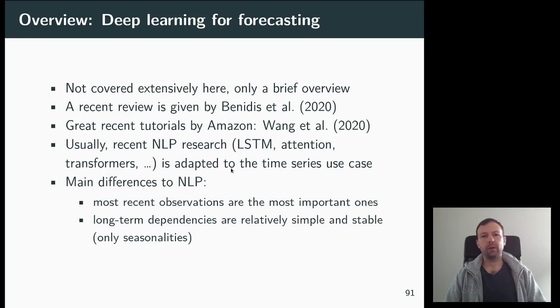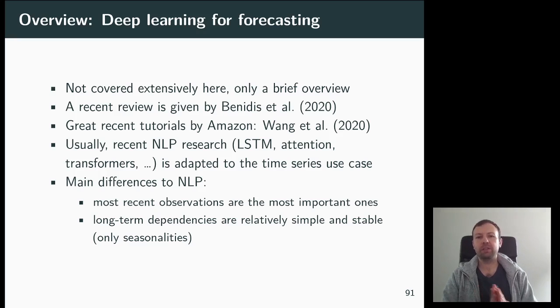Yeah, so as an overview, it's going to be just a small overview, so I'm not going to cover it extensively here. I hope, yeah, so a recent review is given by Benidis et al. in 2020, and there are some great recent tutorials by Amazon.